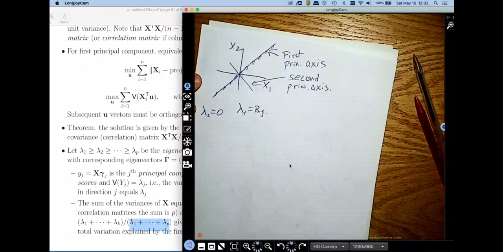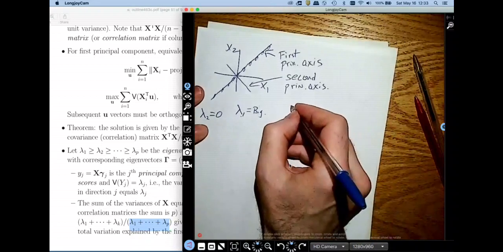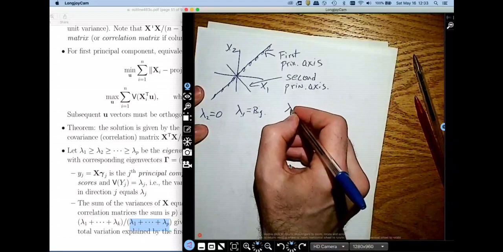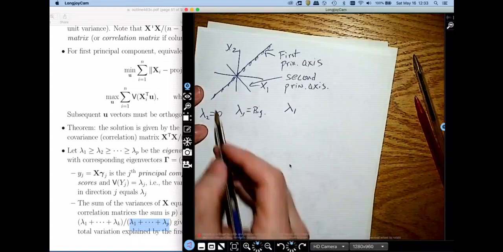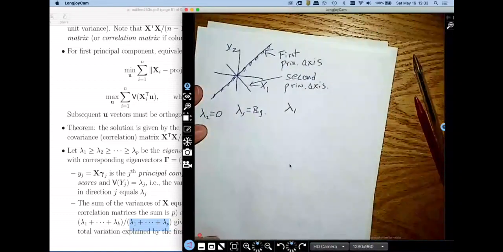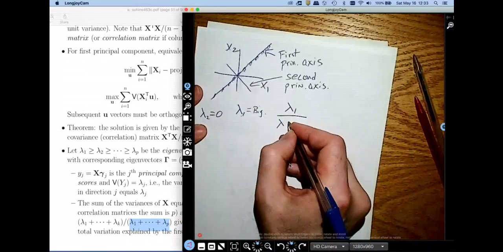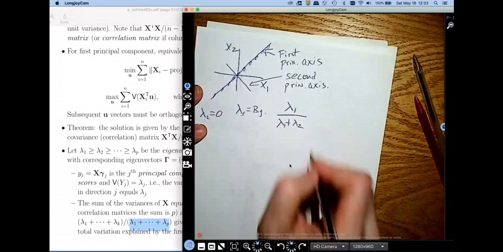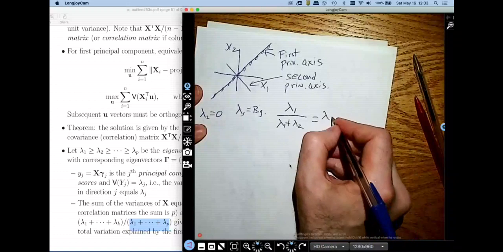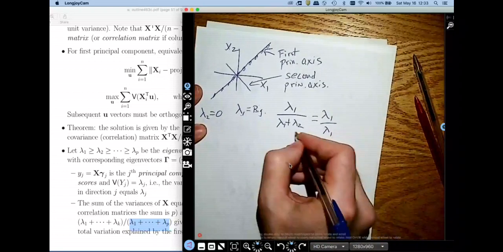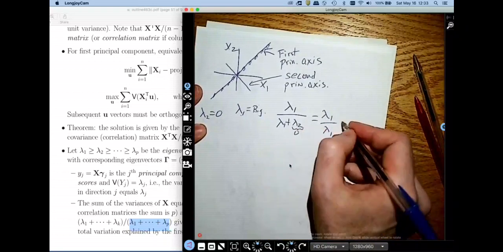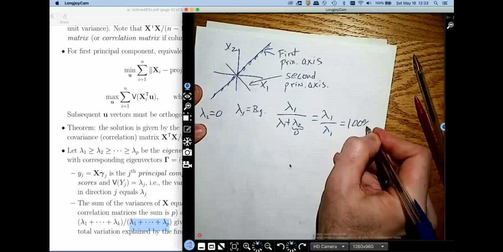So if I want to look at what fraction of variance I capture with the first principal component, I'm going to take lambda 1 divided by lambda 1 plus lambda 2. This is lambda 1 over lambda 1, since lambda 2 is equal to 0, which is 100%.